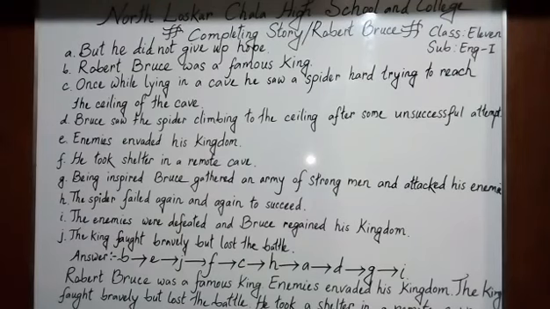C, once while lying in a cave, he saw a spider trying to reach the ceiling of the cave. D, Bruce saw the spider climbing to the ceiling after some unsuccessful attempts. E, enemies invaded his kingdom. F, he took shelter in a remote cave.